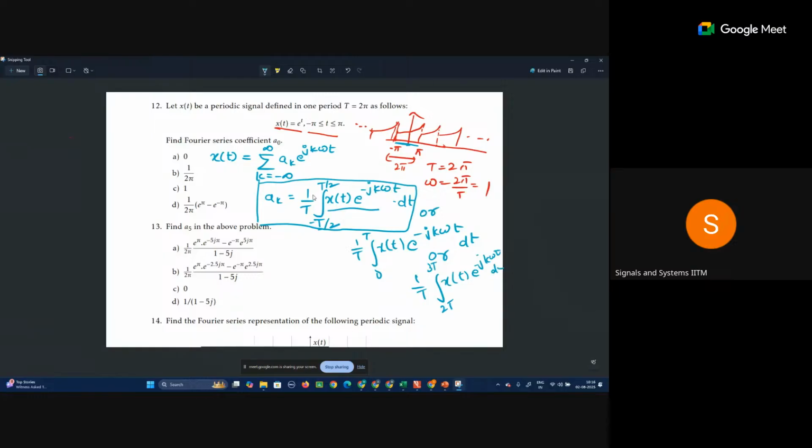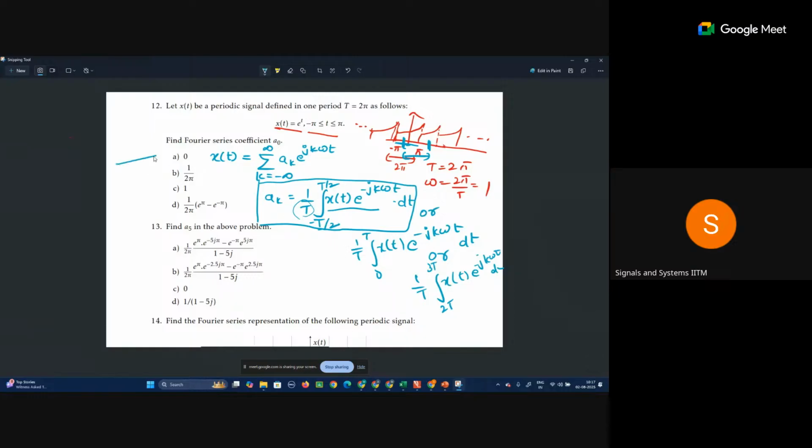I mean, in the T duration, in the time interval, we have to consider the limits.